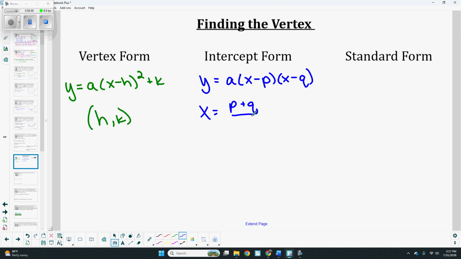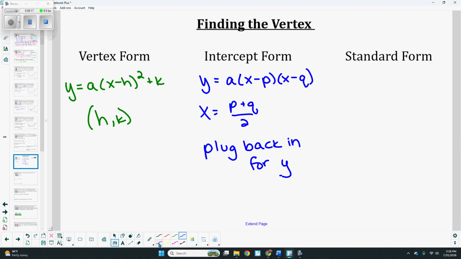We add them up and divide by 2. We're going to find the middle. And after I find the middle, I then plug it back in. So once I have x, I put the x into both of those and solve to get out what y is.